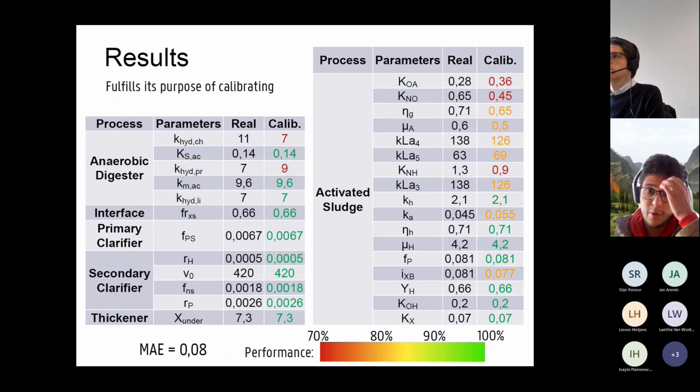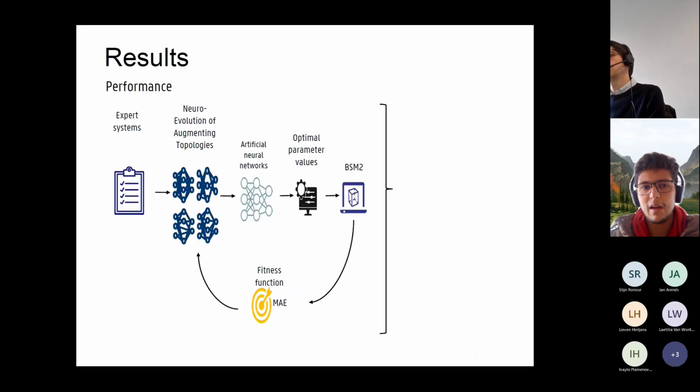And here you can see the performance, which overall is between 80 and 100% accuracy with a mean absolute error of 0.08. That is a really, really good performance for this model for calibration purposes, because we just took a few less simulations than if we would try to do it manually.